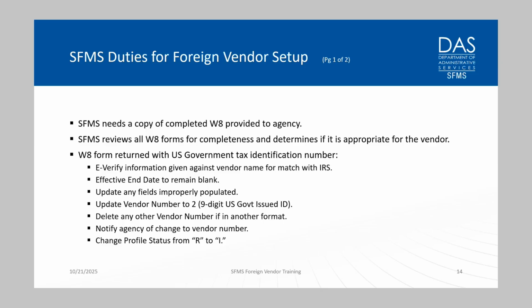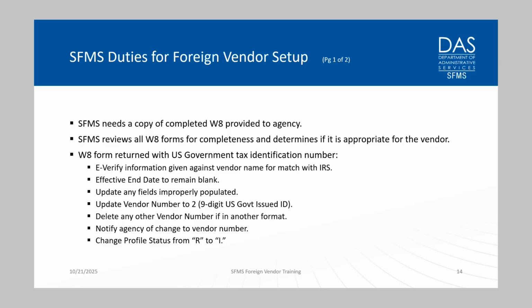We need a copy of the completed W-8 provided to the agency. Then we review all the W-8 forms for completeness and determine if it's appropriate for the vendor to be, in fact, a foreign vendor. W-8 forms are returned with U.S. government issued tax identification numbers. We do an e-verify against those vendor numbers.